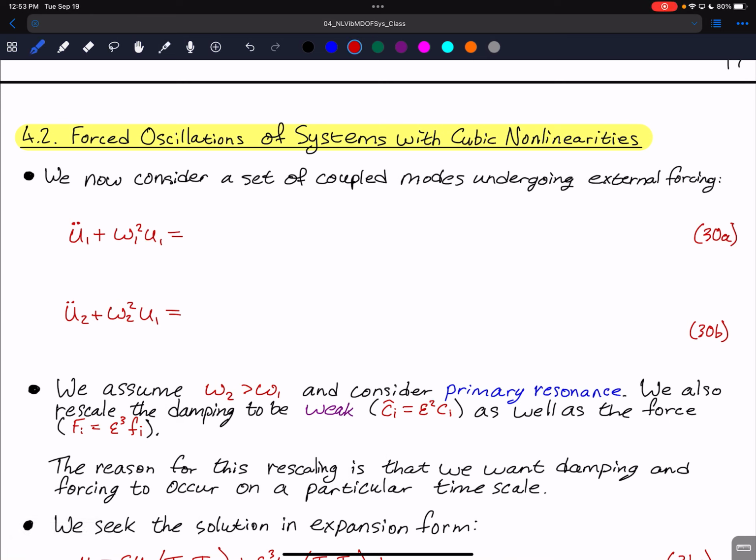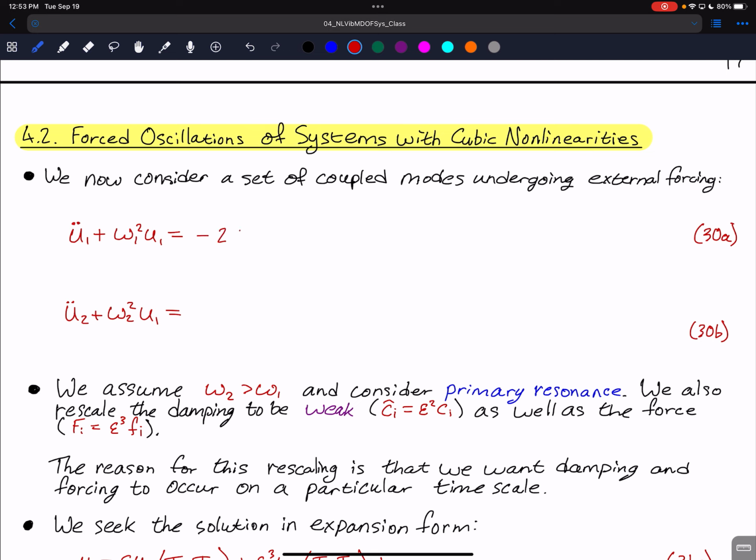Okay. In this case, we're now going to consider forced response, where we'll have forcing applied to both of the modes. In this case, we're going to have all the previous terms that we had before.